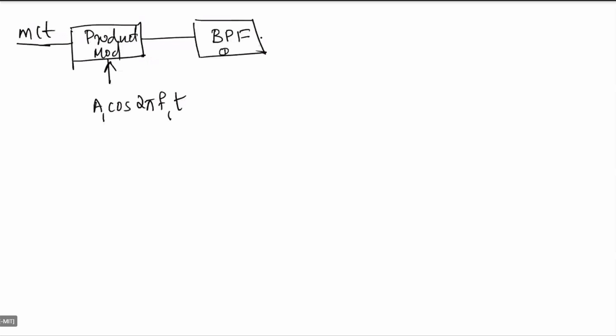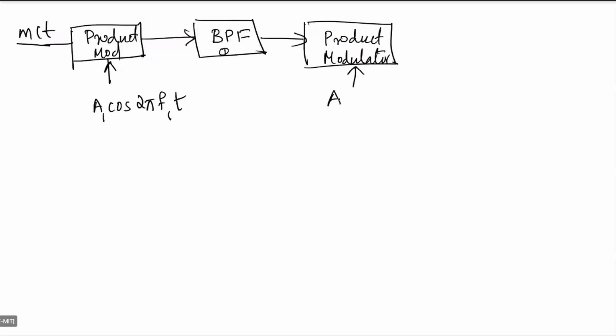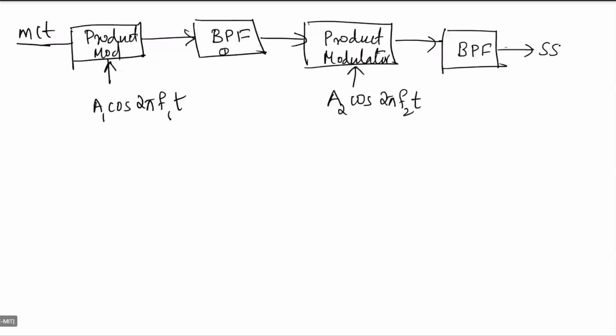This is the first band pass filter, and then you have the second product modulator. So this is the question.